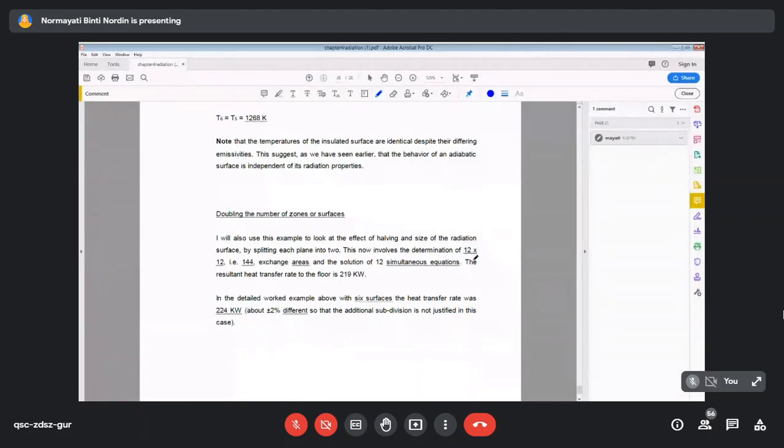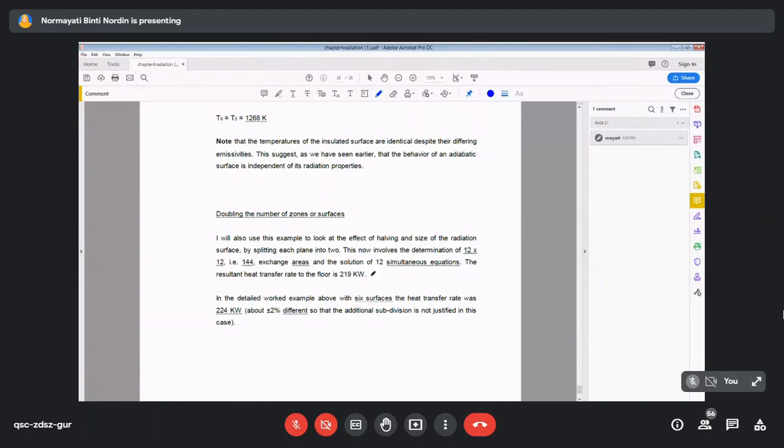Okay, kalau 12 zon, meaning that you need to find the 12 kali 12, 144 set of exchange area. So 6 tadi baru 6 kali 6, baru 36. Okay, itu pun dah rasa macam panjangnya solution. Kalau 12 kali 12, 144 set exchange area, then you kena selesaikan 12 persamaan serentak.